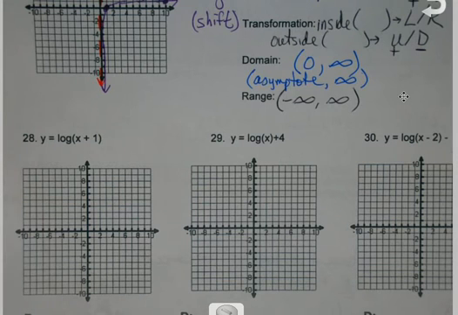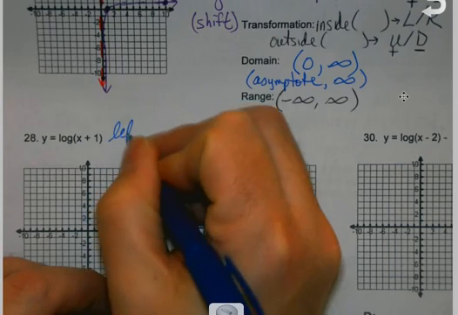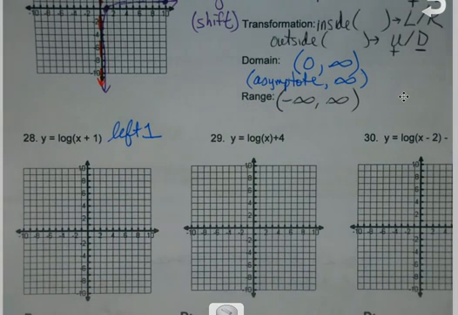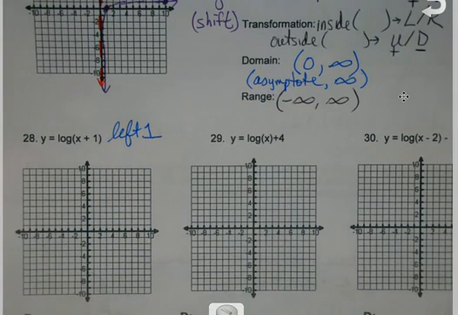On 28, what is my transformation? Left 1. So, since I moved left 1, where's that going to have my asymptote be at? At -1.